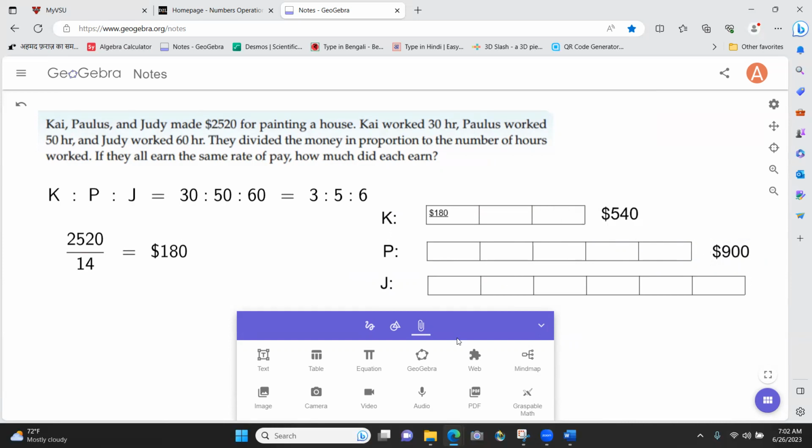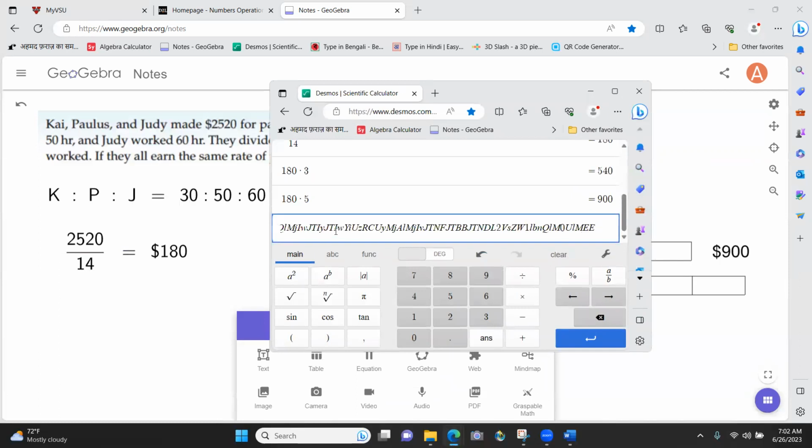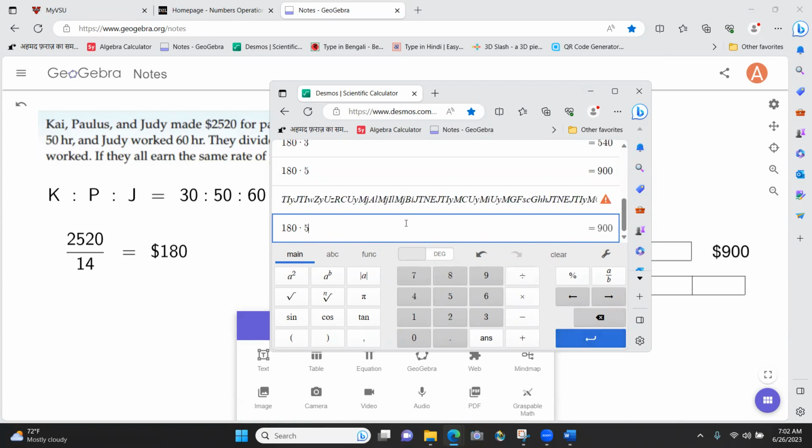And the next person, Judy, will receive 6 times 180, which is 1,080.